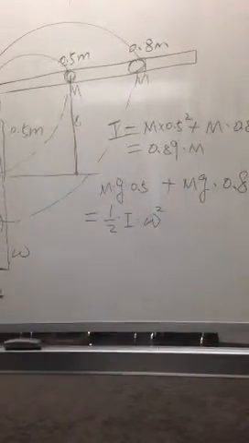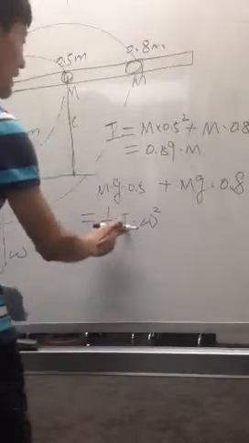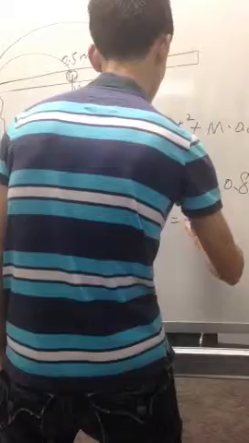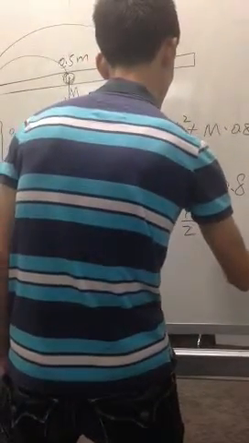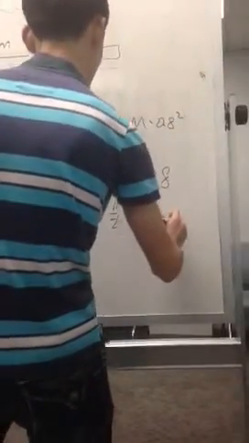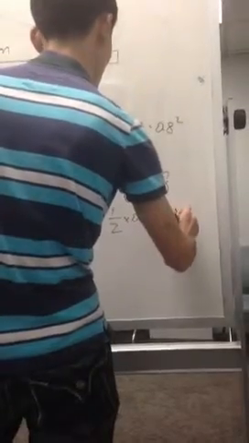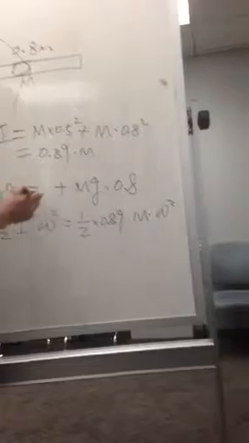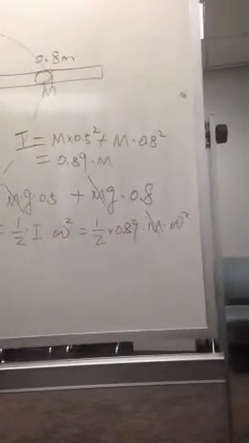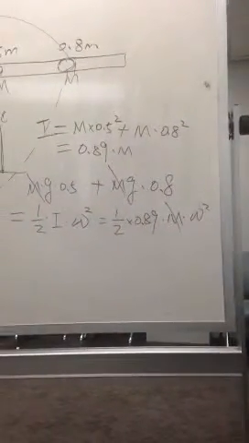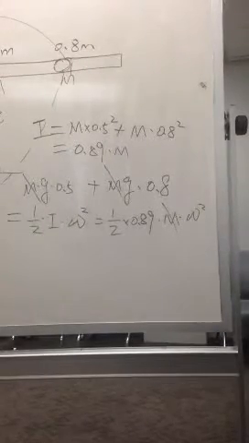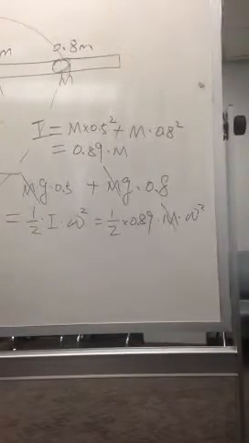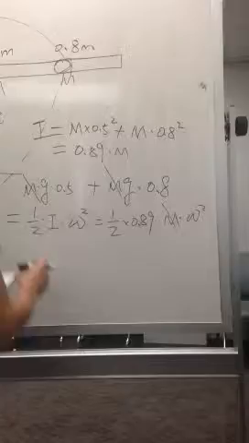So using these, we know I right now, 0.89 times m, and then the mass you will be able to cancel, right? And then you will be able to calculate.